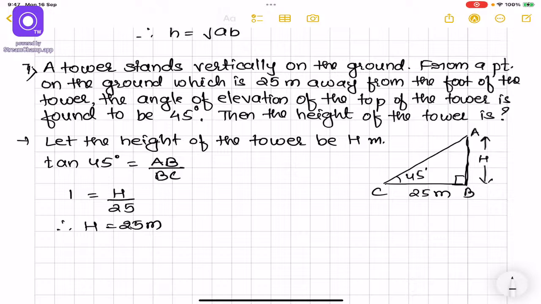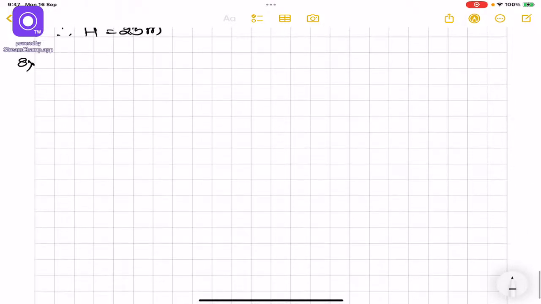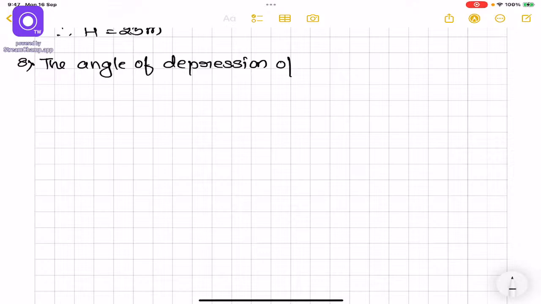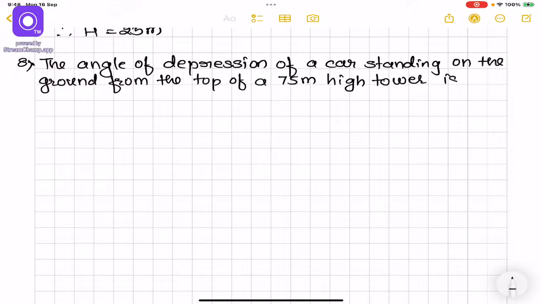Now moving to the next one, it says the angle of depression of a car standing on the ground from the top of a 75 meter high tower is 30 degree.